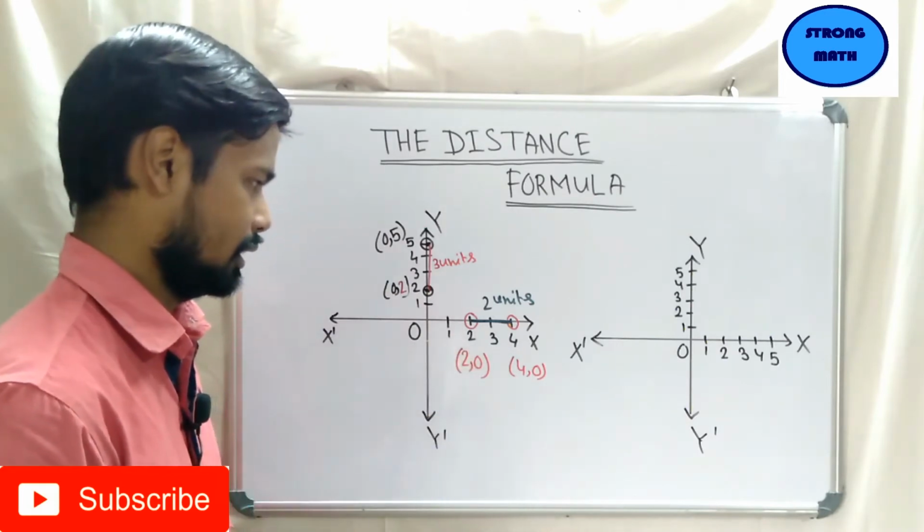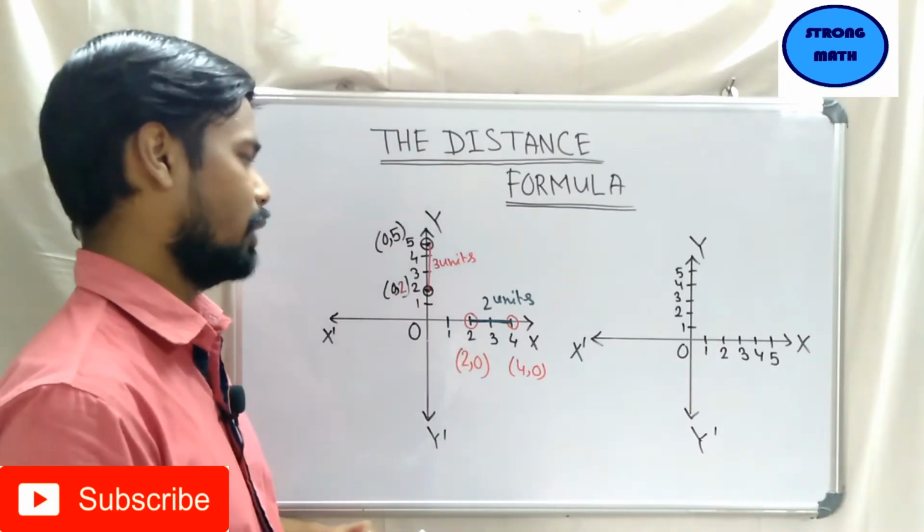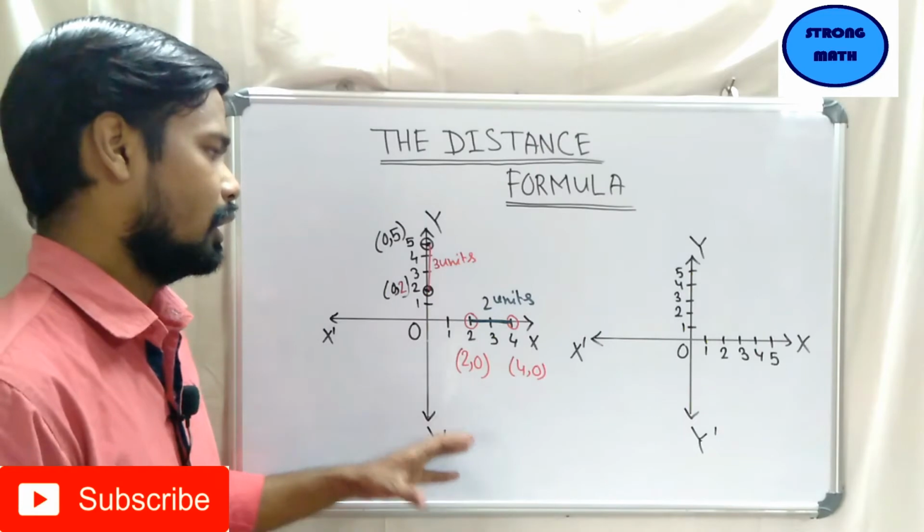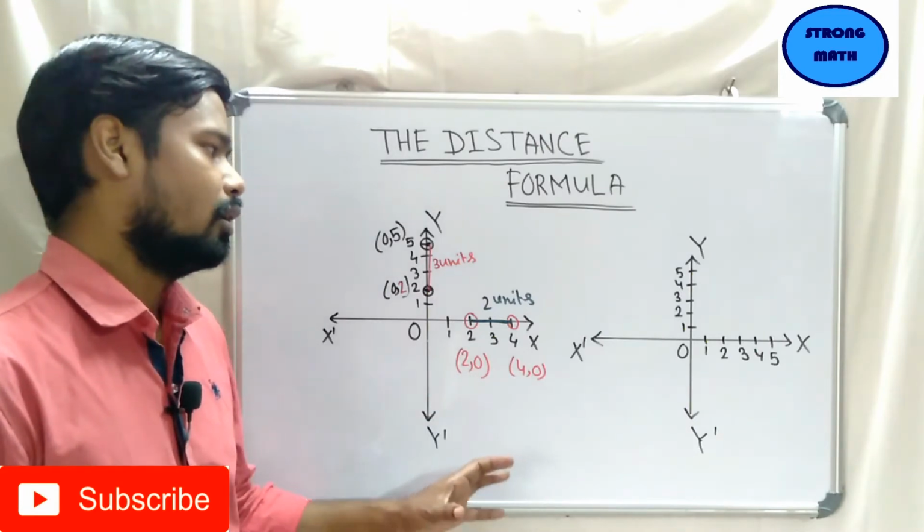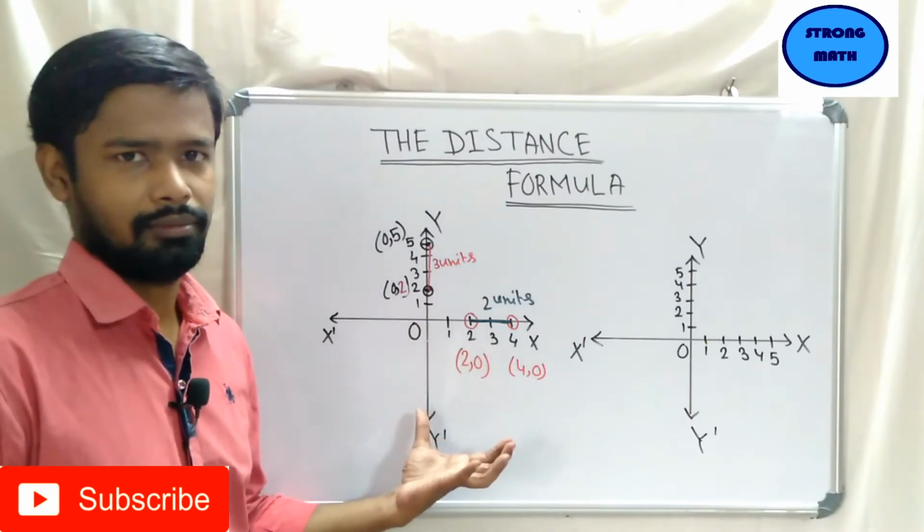So clearly if any 2 points lie on the x-axis or on the y-axis, we can easily find their distances. Then what will happen if these 2 points are not lying on the same axis?